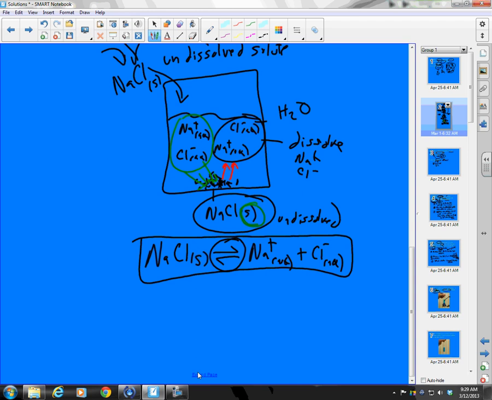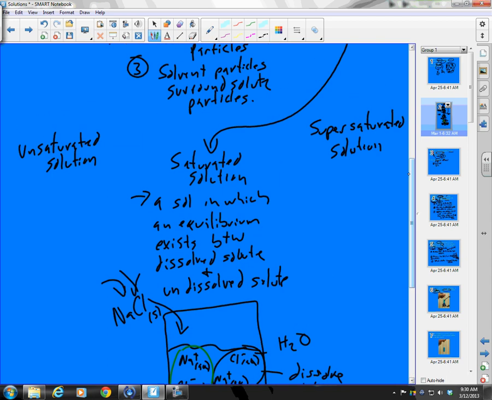And notice, this represents my undissolved solute, and these guys represent my dissolved solute, and so I have an equilibrium between my undissolved and dissolved solute, and that would represent what? A saturated solution. Whew! That is heavy.